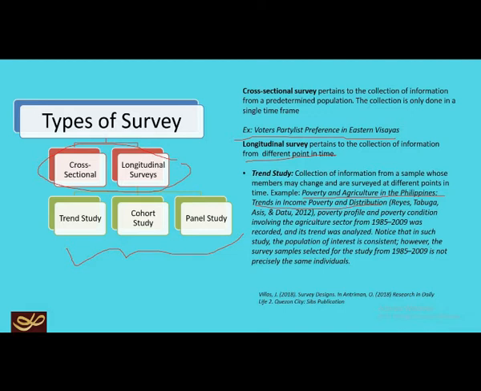Also, you have another example, poverty profile and poverty condition involving the agricultural sector. So, pinofile mo yung poverty, both in its magnitude and condition, from 1985 to 2009. So, again, that is an example of a trend study. And we emphasize that notice that the population of interest is consistent. Hindi nagbabago yung population mo.